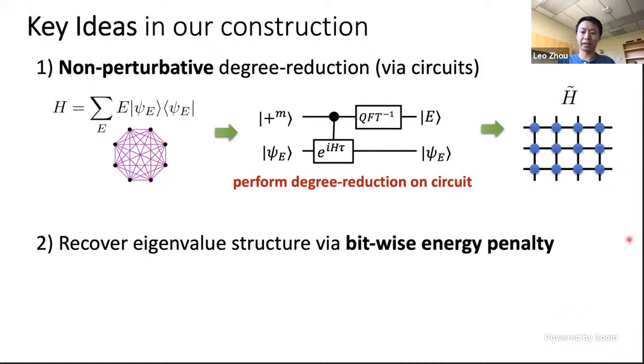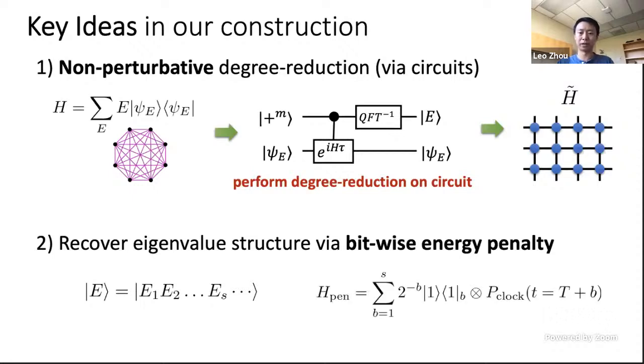So once you have your energy written down as a bit string, you can simply add a penalty to that particular bit, and also time it so that it only applies when the circuit has run to the point where the energy is written down. Then, using this very simple energy penalty term, you can basically recover all the eigenvalue structure of the original Hamiltonian.